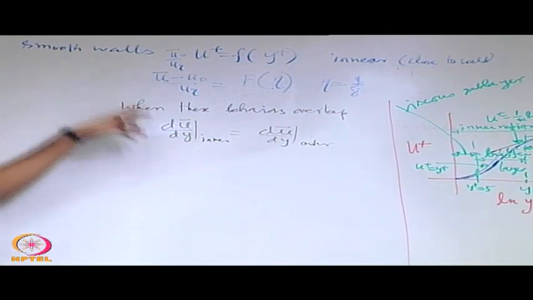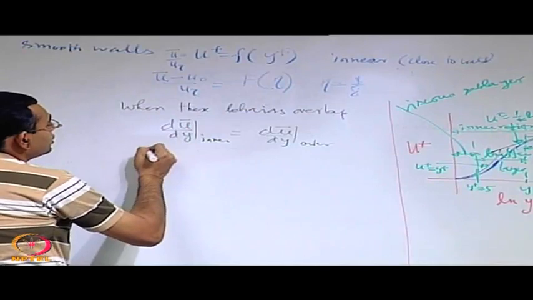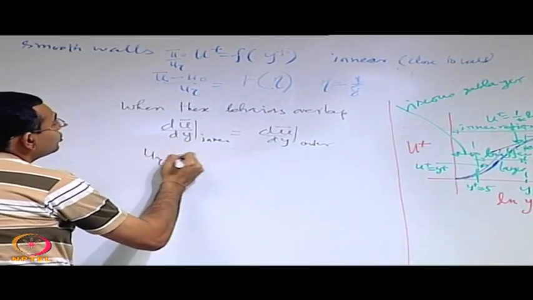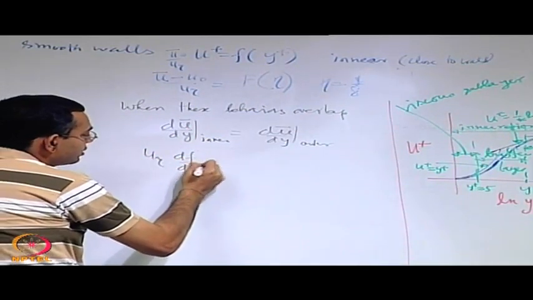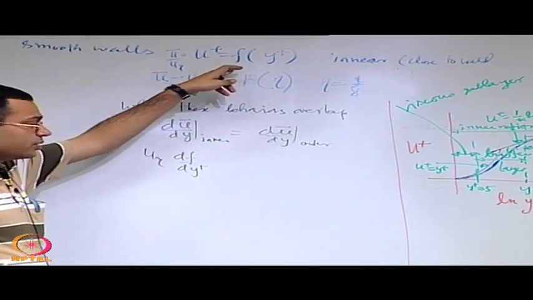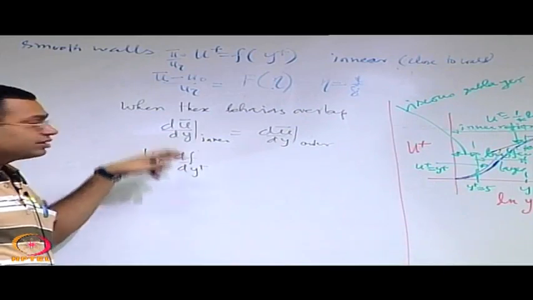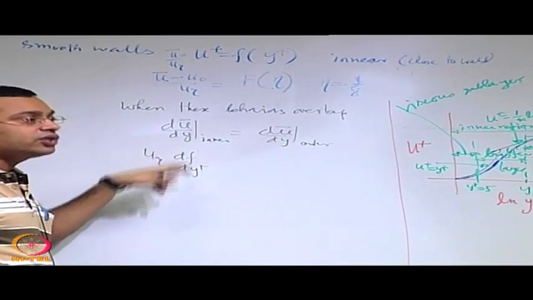So what is du/dy inner? We can write u tau into df/dy plus into dy plus/dy, right. Here u is u tau into f.